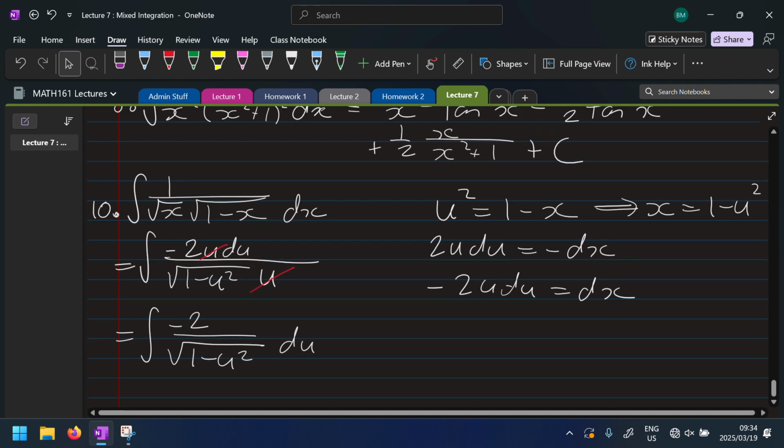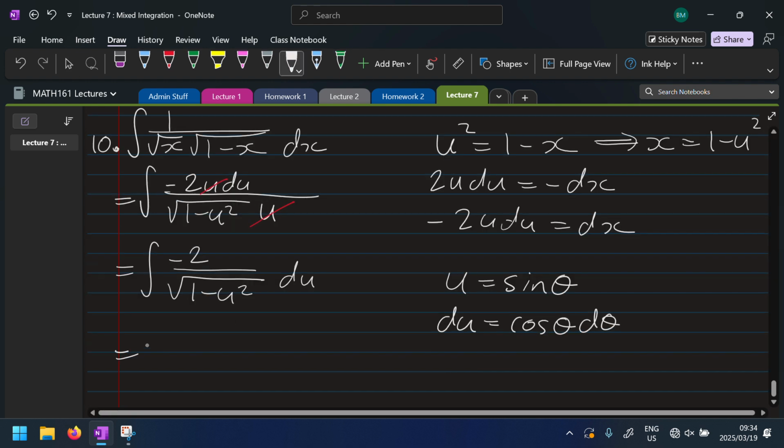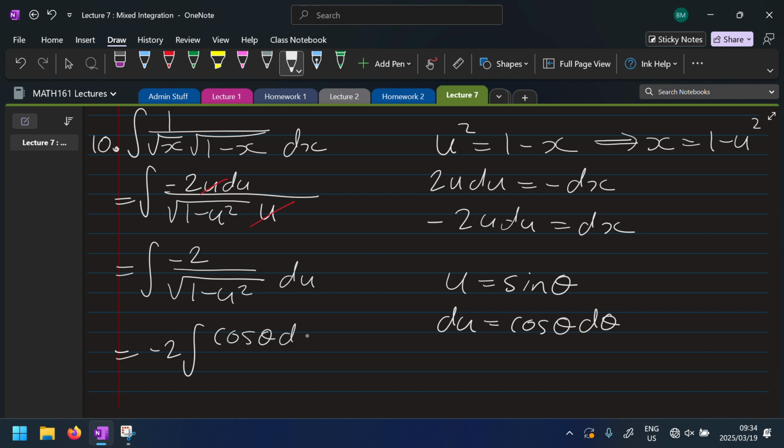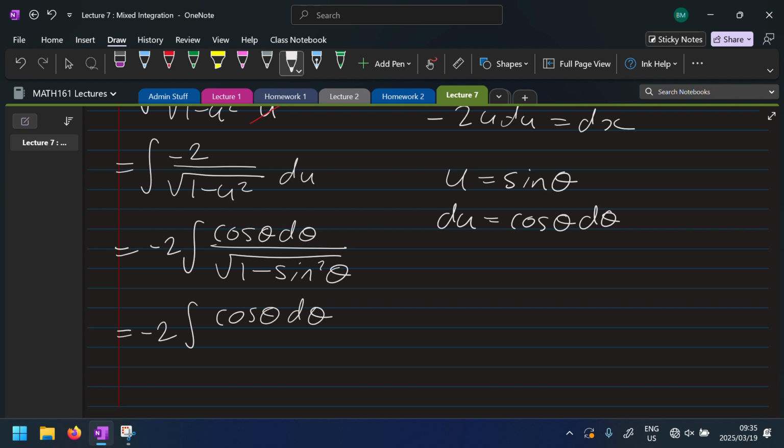We've got a squared minus u squared, so that's a sine substitution. So u equals sine theta. So du, that will be cos theta d theta. So this is going to be minus 2 integral cos theta d theta over root 1 minus sine squared. Okay, so that's minus 2 integral cos theta d theta. 1 minus sine squared, that's cos squared.